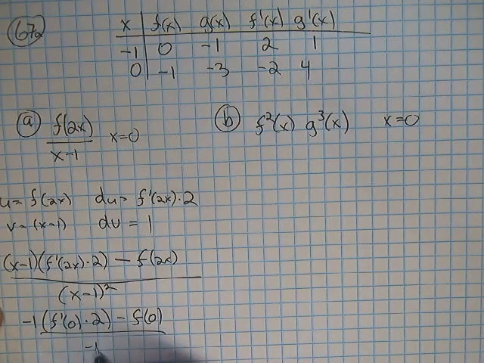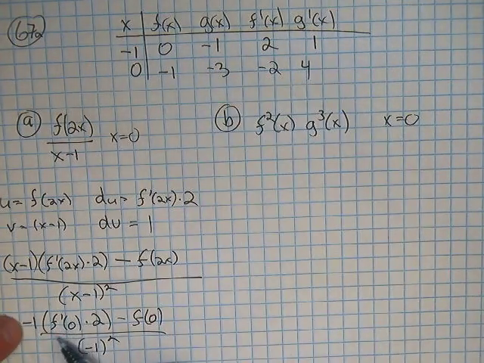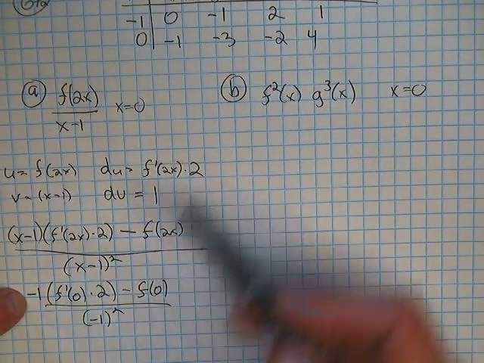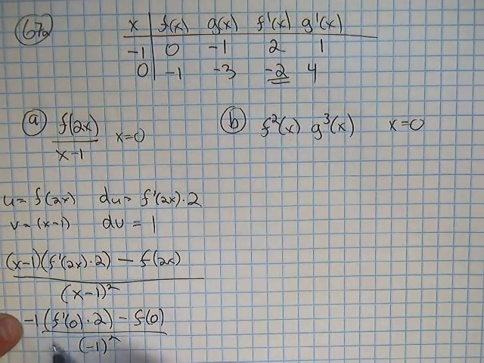Now we just plug in a 0, and we got negative 1 times f prime of 0 times 2 minus f of 0, divided by negative 1 squared.